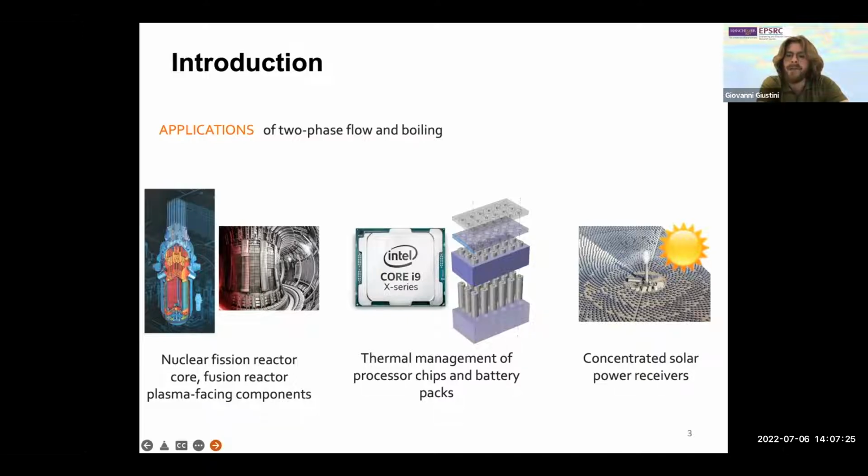There are some concentrated solar power concepts that exploit a boiling fluid as the heat transfer fluid. So in concentrated solar power receivers, sometimes there is boiling sodium.